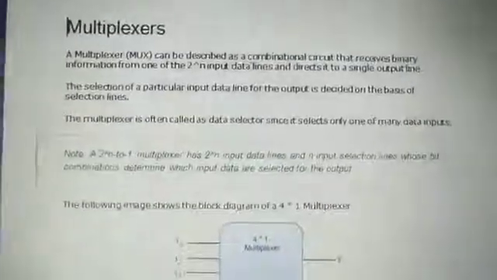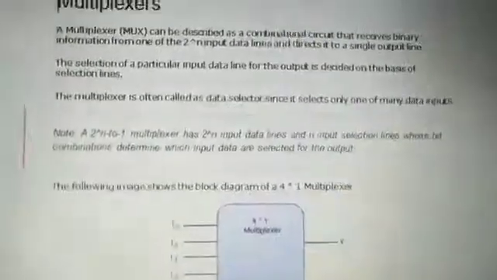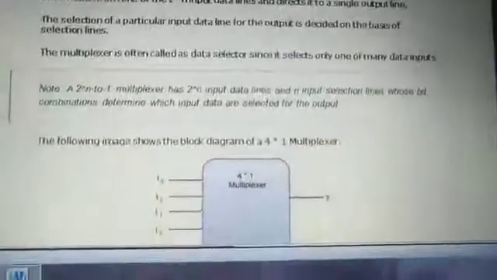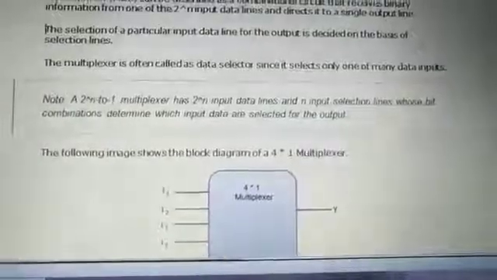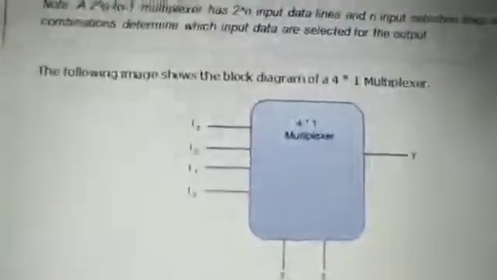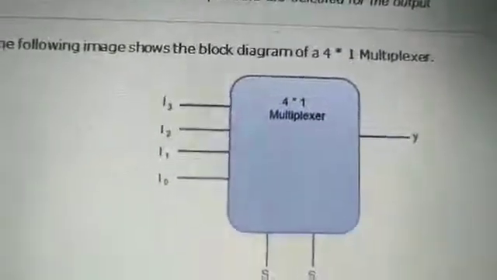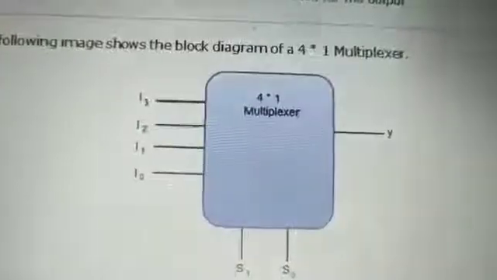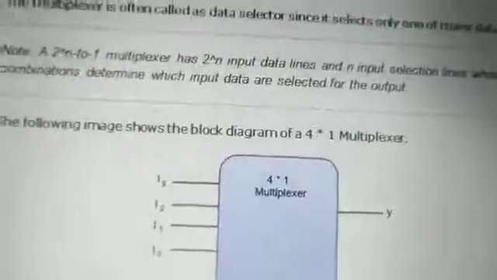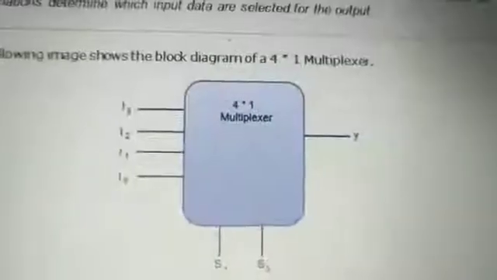The multiplexer has several data input lines and a single output line. If you see the block diagram, then it is clear that I3, I2, I1, I0 are the four inputs, and Y is the final output.